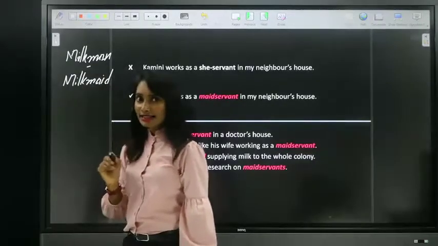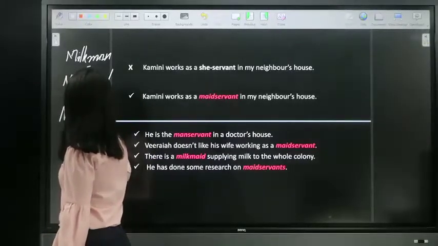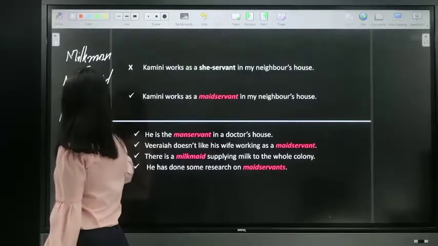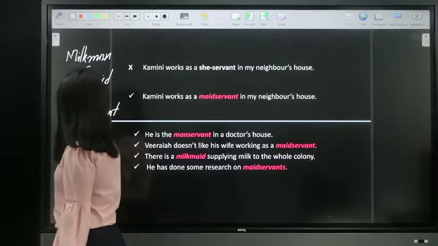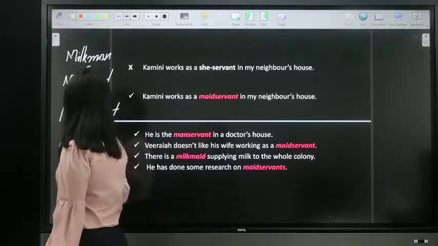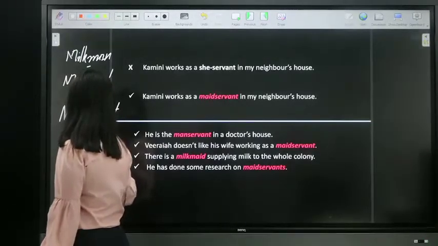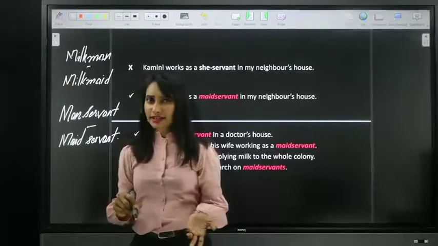Right? In the same way, man servant, and the feminine form should be maid servant. So what is this maid actually?